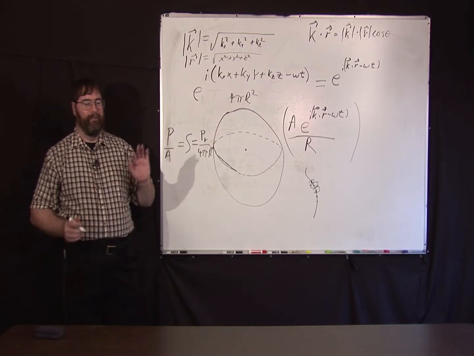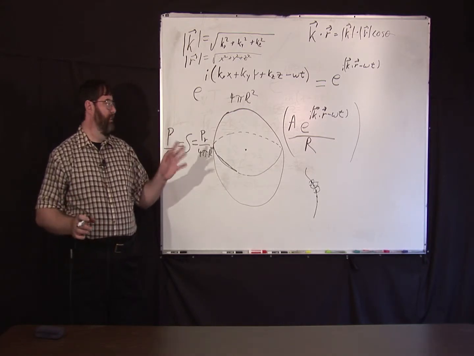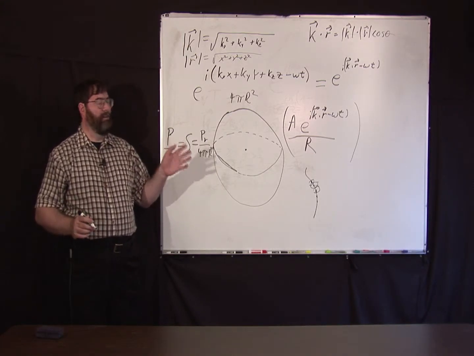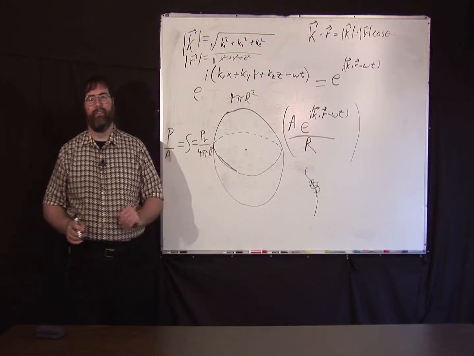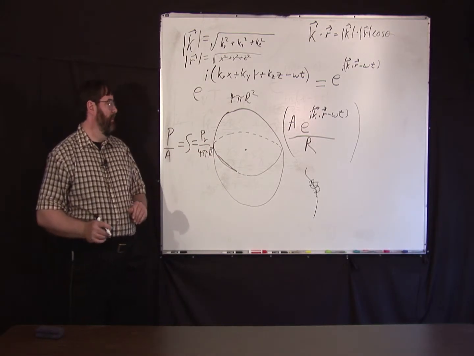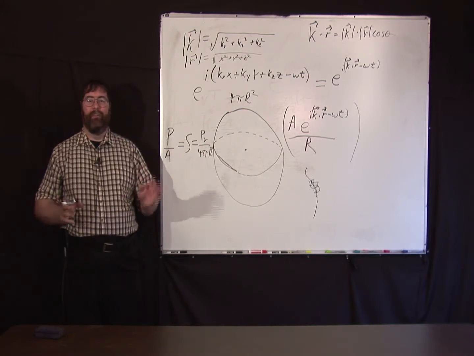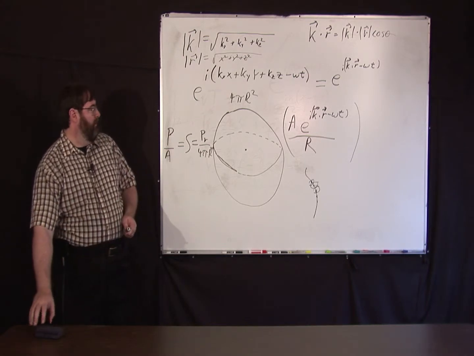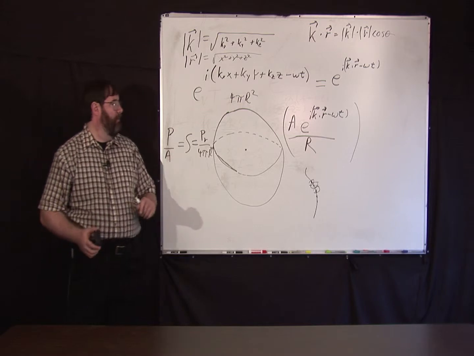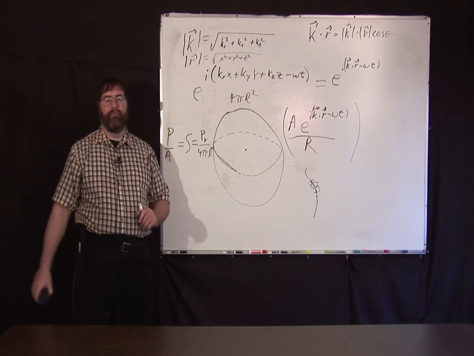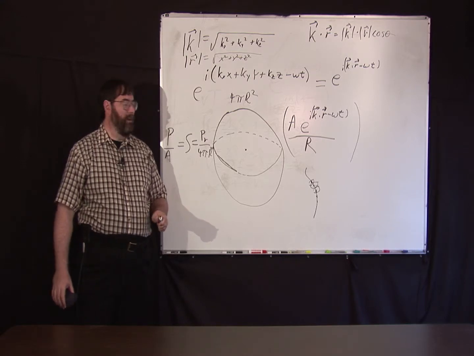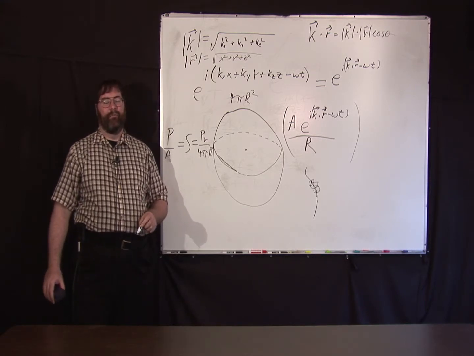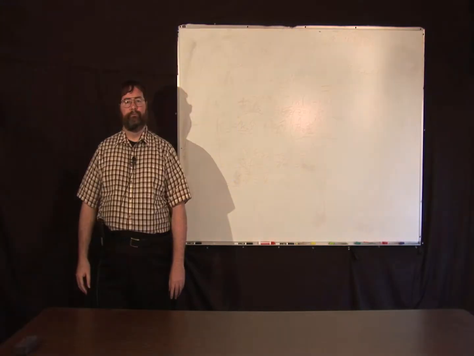Now, this might sound a little advanced. It is, but we're going to talk about something interesting that requires us to know a little bit about this next week. So again, we're talking about foundational stuff. But we now know basically how to represent plane waves and spherical waves. And next week we'll talk about how to represent a general wave.